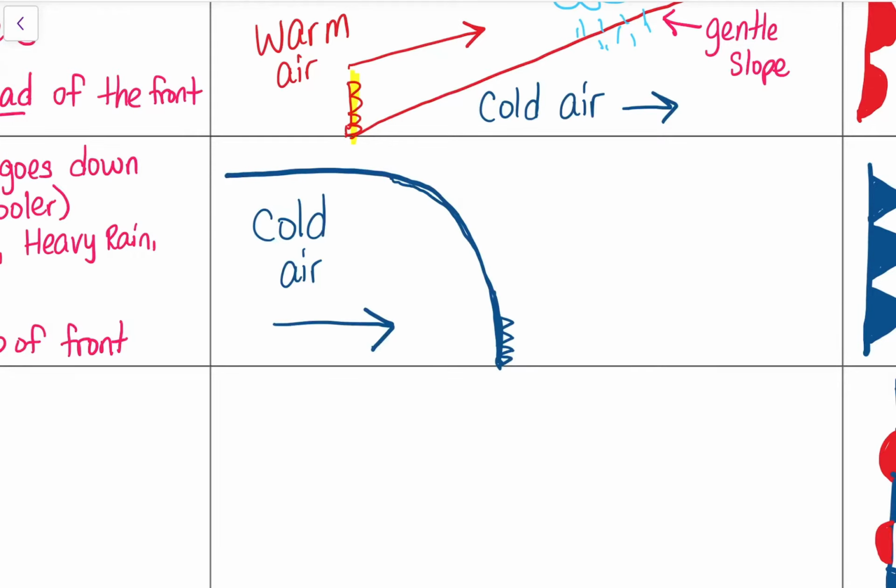And when this big mass of cold air comes in, it forces the warm air to rise up very, very quickly. So the warm air immediately gets forced up. And again, the reason that it gets forced up so quickly is because of that steep slope.